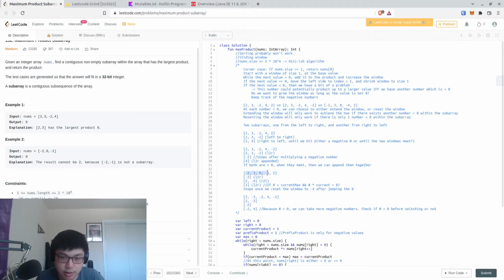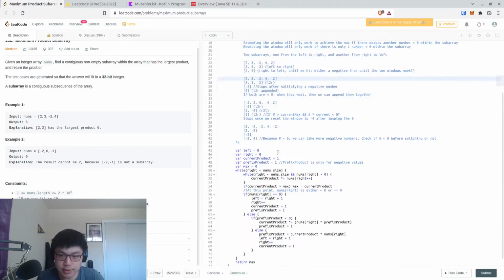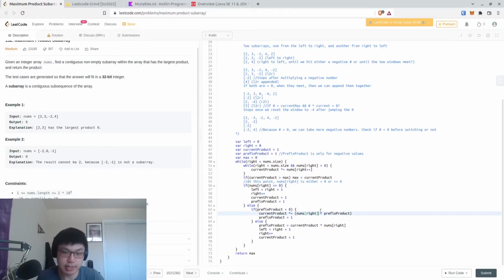So now our current product is going to be equal to this product, so -12 times 4, so -48, times also the nums.right, because that's less than 0, right? So the prefix product multiplied by this makes this positive, and therefore we can add it, and then we can reset our prefix product.